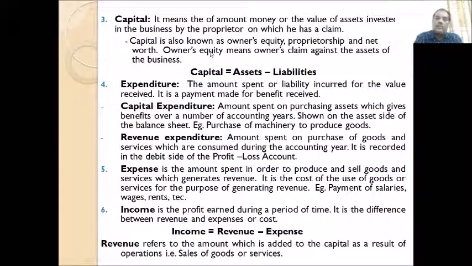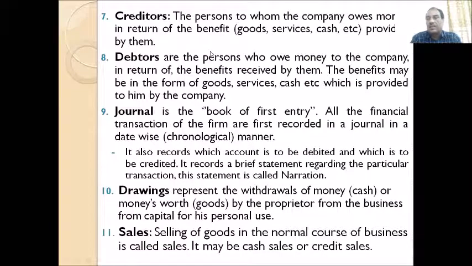Then there are creditors. Creditors are the persons to whom the company owes money in return of the benefit, goods or services provided by them. So the company sometimes sells to outsiders on credit or buys something on loan or credit. So creditors are the persons to whom the company owes.